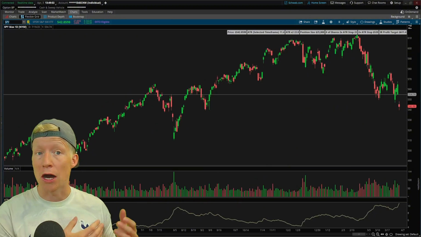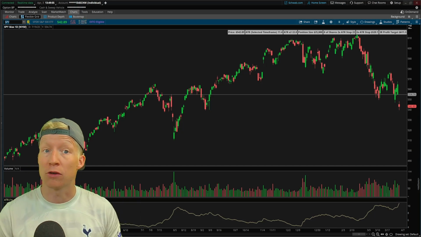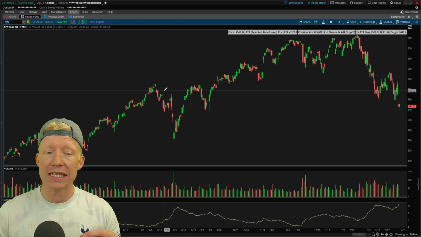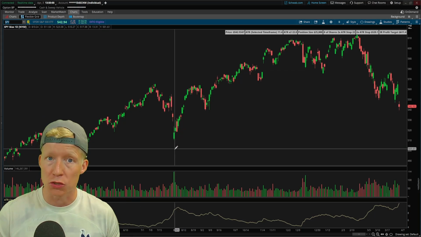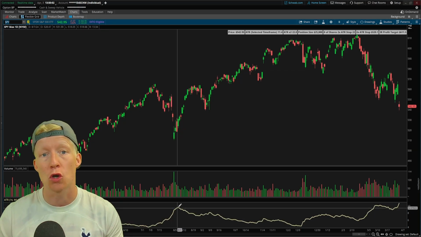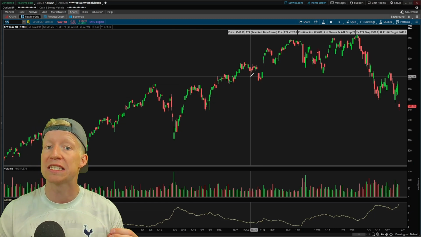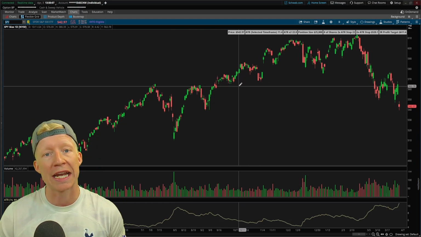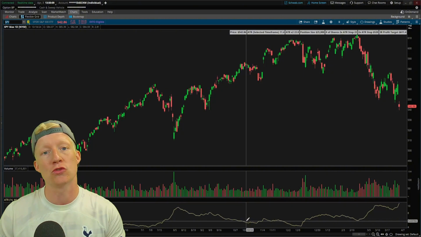And as I'm sure you can tell from looking at the ATR study running on our chart here, as the ticker gets more volatile, of course, the ATR value goes up. And when the ticker is less volatile, so it's trading in a tighter range, the ATR value goes down.